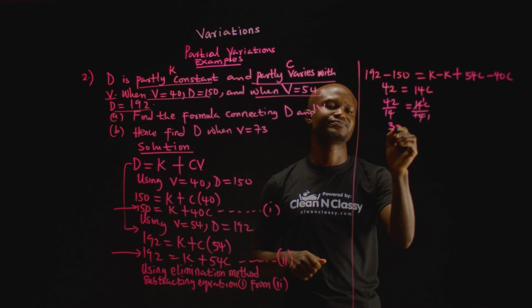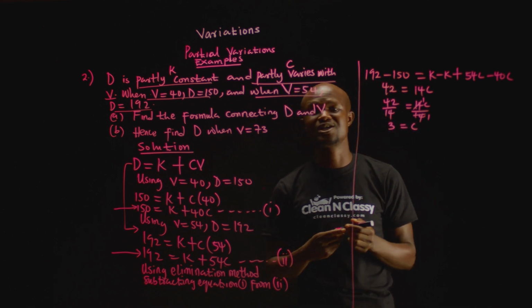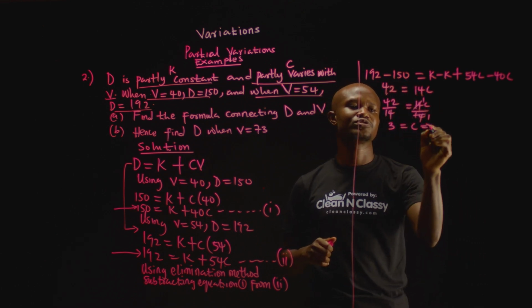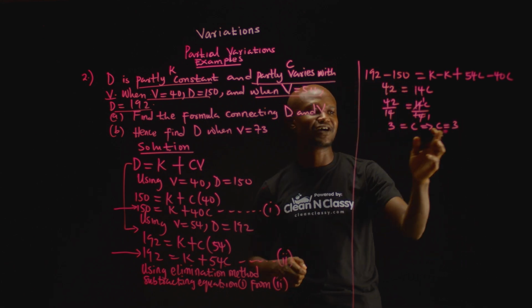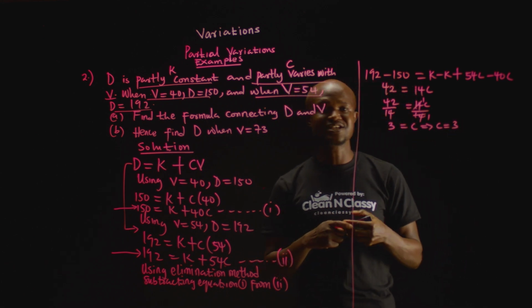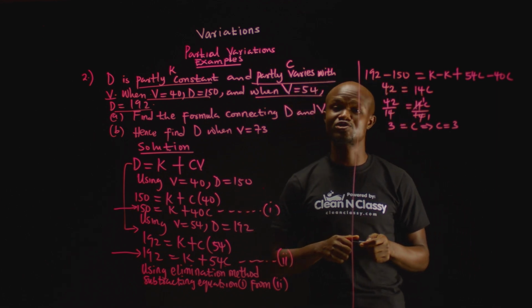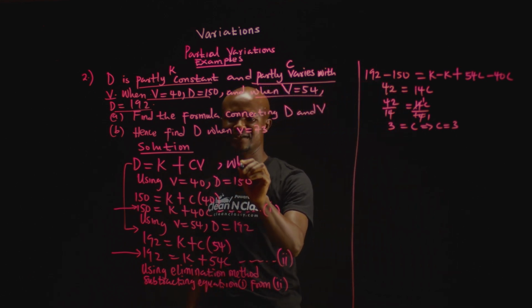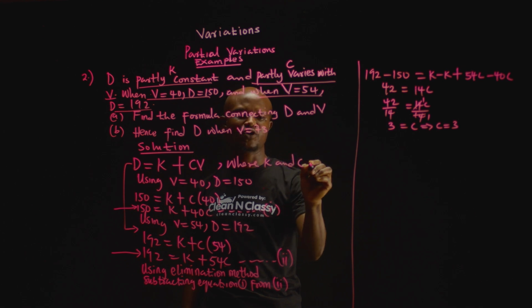That is 3, because 14 times 3 will give you 42. So C equals 3. Now we have the value of C. C is not the only constant. We know that K is also a constant.